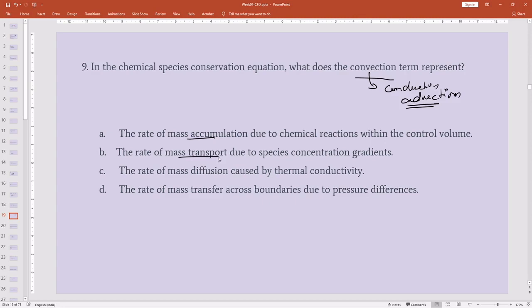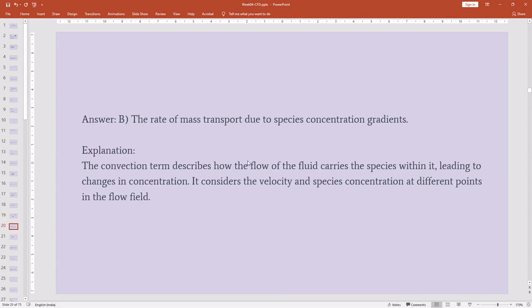Here it's about mass transfer. This is mass diffusion. Diffusion, as I already told you, is slow dispersion to the surroundings. Then mass transfer across boundaries due to pressure difference. So the right answer is option B, rate of mass transport due to species concentration gradients.